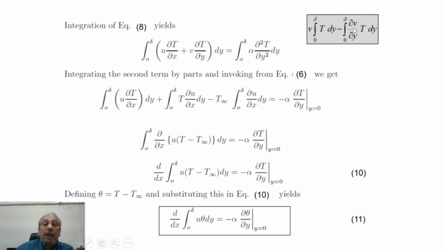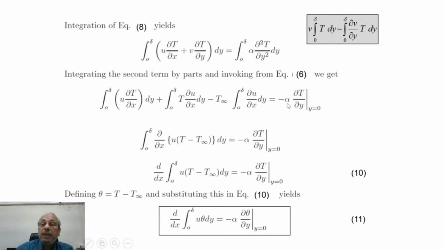And this integral we can write as t, with del v del y substituted by minus del u del x from the continuity equation. We have written this invoking the continuity equation. So this is integral 0 to delta t del u del x dy. This term comes here, and the right hand side is minus alpha del t del y at y equal to 0, because this is the lower limit.